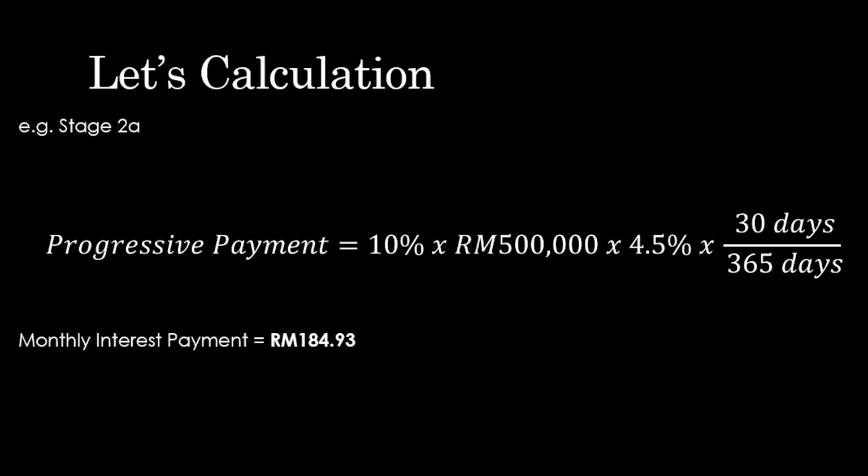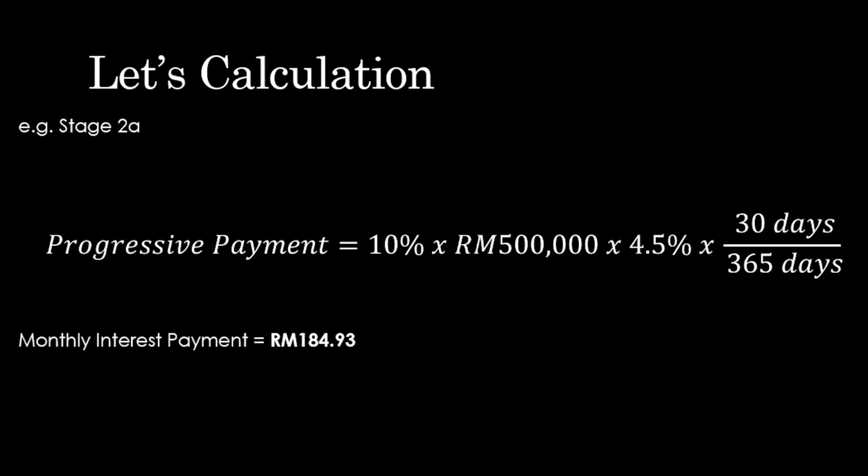But having said that, although it's only 200 ringgit every month, when it comes towards the end of the year or the end of the project, you will realize that things are moving quickly and perhaps you may have to prepare a lot of money.